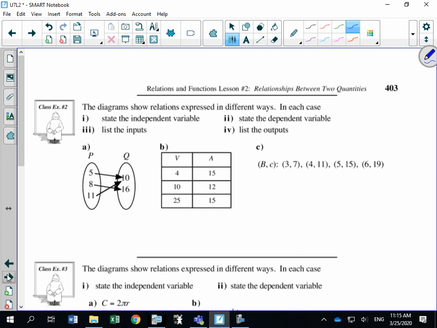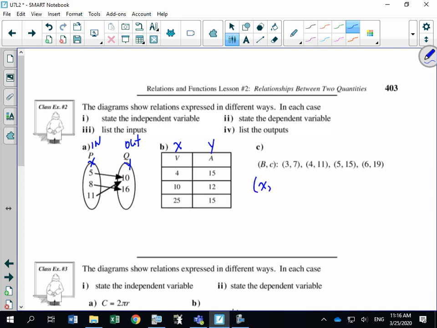Class example number 2. The diagram shows relations expressed in different ways. In each case, state the independent and the dependent variable, the inputs and the outputs. How I always like to do this is as follows. This is always my x, that's my y. And my x is always my input, and my y is always my output, right? This is x, that's y.